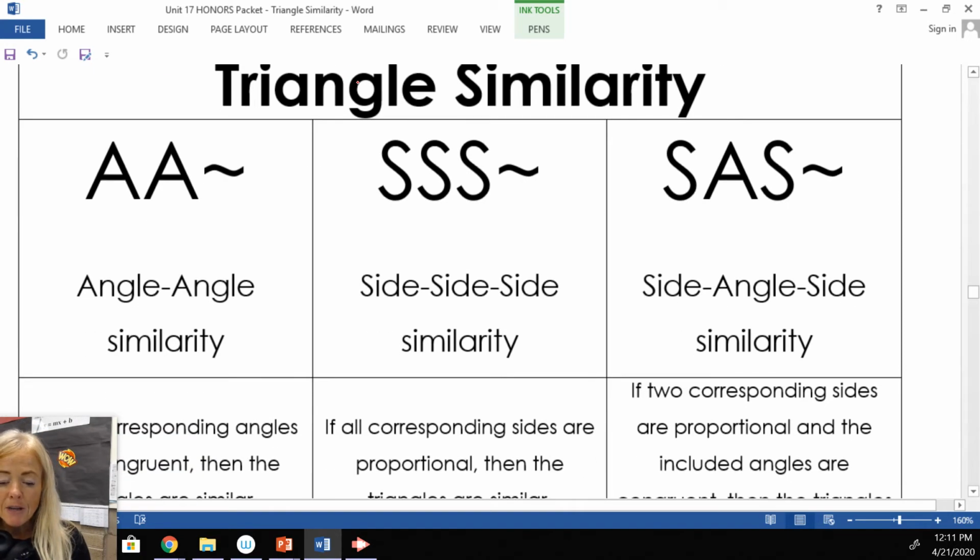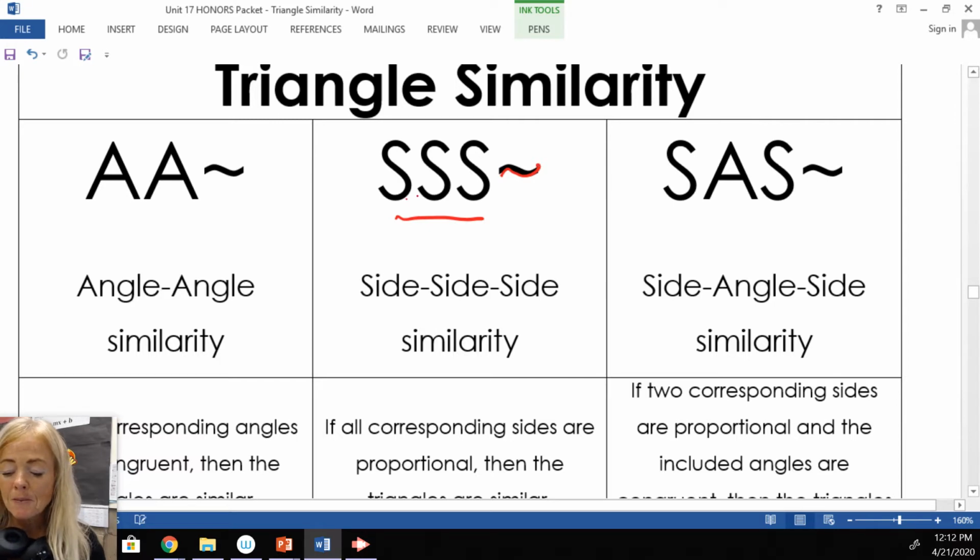So what we have are three shortcut methods that are very much like congruent triangles, but they're similar instead. They're proving the triangle similarity instead of triangle congruence. So some of them even have kind of the same name, like side, side, side, but they have this little similar tilde sign that follows.